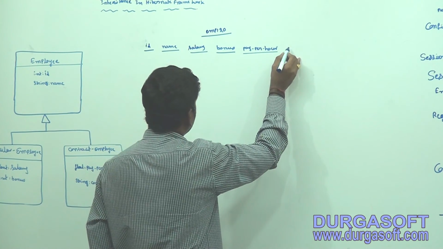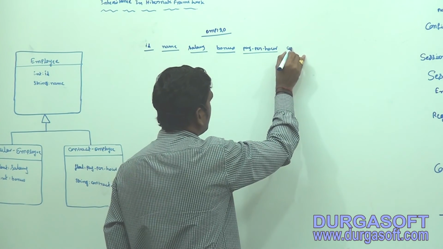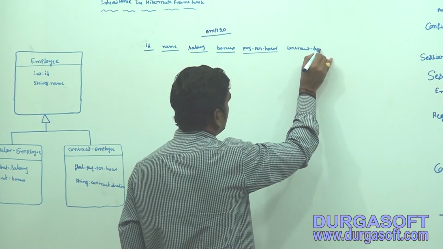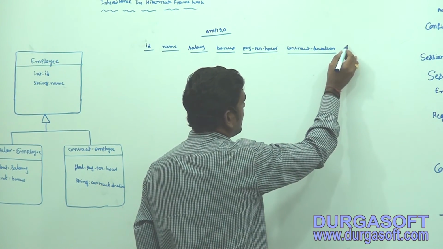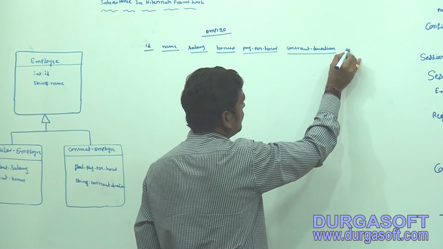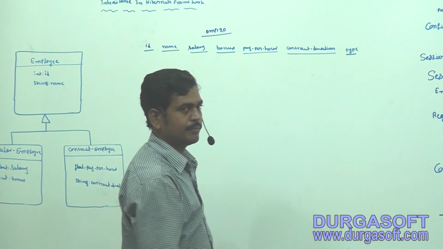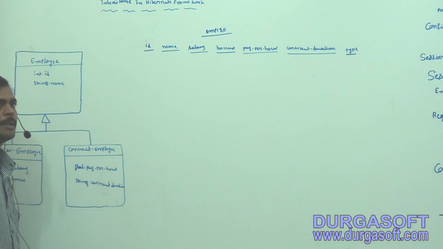Number 6, contract duration. Number 7, type of the employee. These many columns are going to be created.